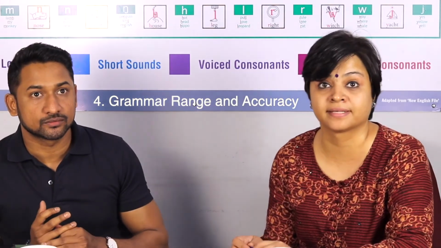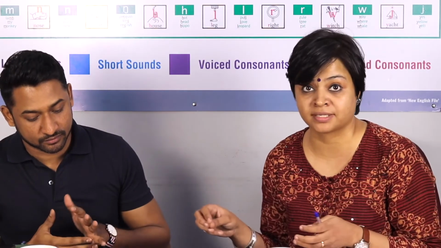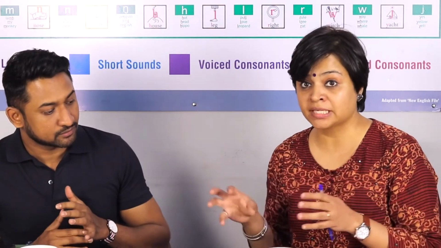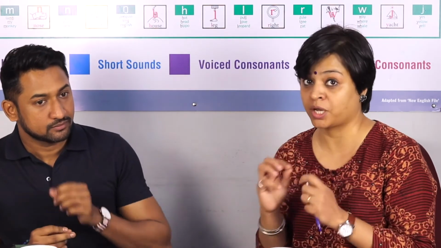Grammatical range talks about all the structures that you can use in your writing. It would mean using the correct tenses, using conditionals, using complex sentences, and knowing how to use them well in your writing. Just knowing it does not help here. Knowing how to use it correctly works for you. Can you give us an example, maybe?